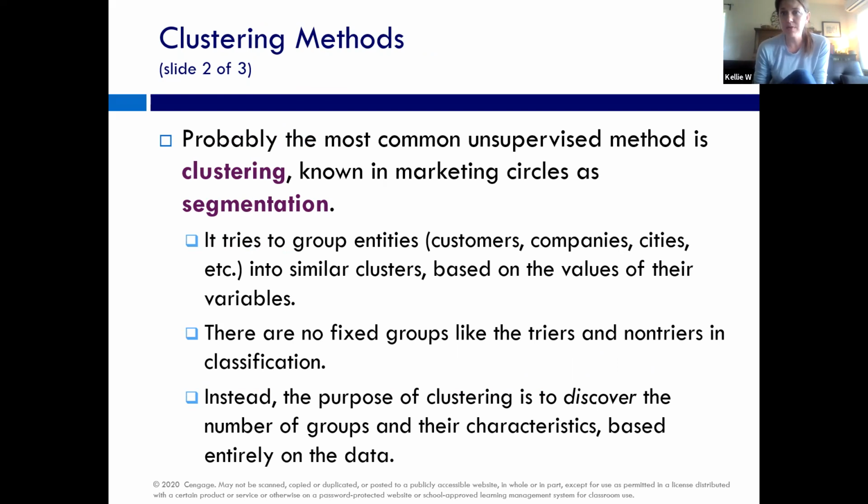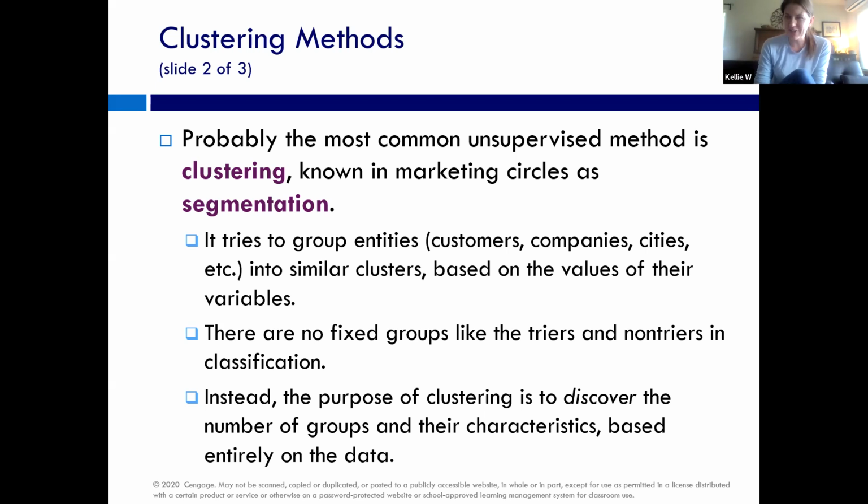Clustering is the most common unsupervised learning method. There are other unsupervised methods, like text mining, but the book covers a lot of these under what they refer to as segmentation. So we're trying to group entities, either customers, cities, or something else, into some unknown number of clusters based on the values of their variables. We don't have fixed groups like the tried and hasn't tried classification with the lasagna example.